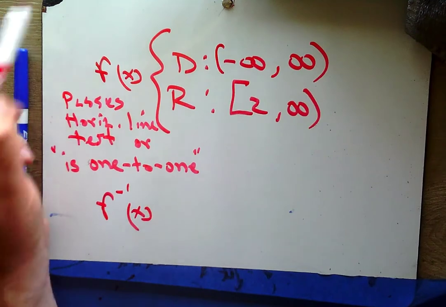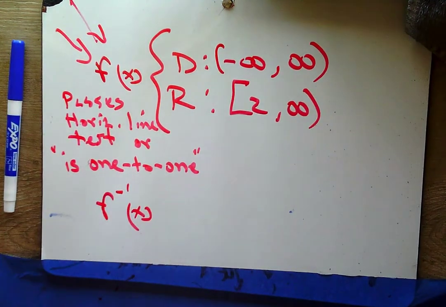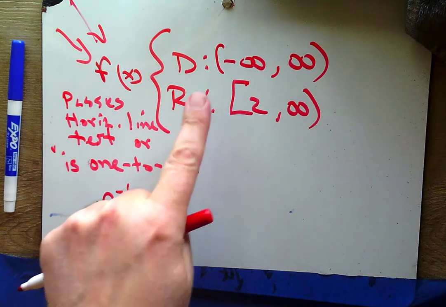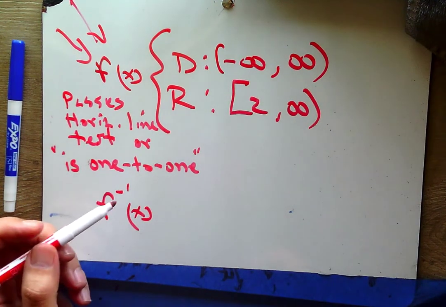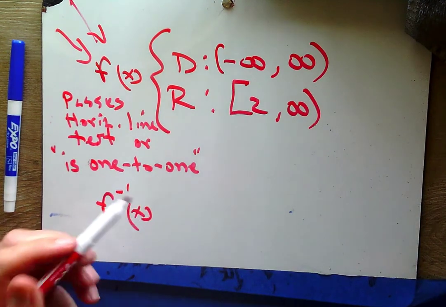I mean, it's clear I don't have an algebraic representation here. I don't have a graphical representation here. All I have is this information about domain and range for f. So what would be true for f inverse? Good. That's right.